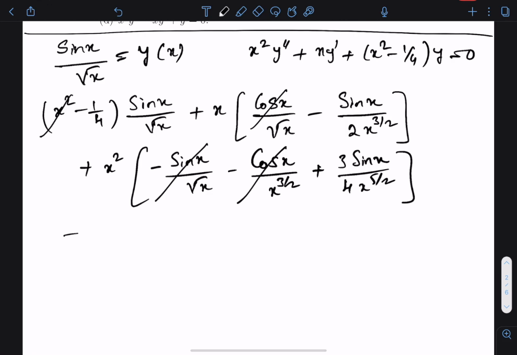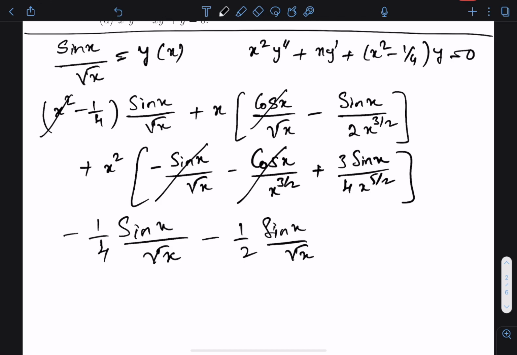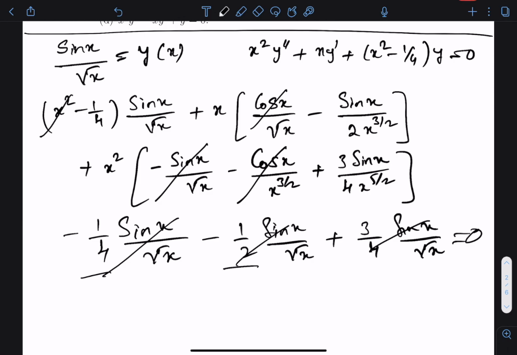So what we have is minus 1/4 sine x times square root of x, minus 1/2 sine x times square root of x, plus 3/4 sine x times square root of x. Half plus quarter is 3/4, so that's okay. That satisfies the equation, so this is a solution to this ODE.